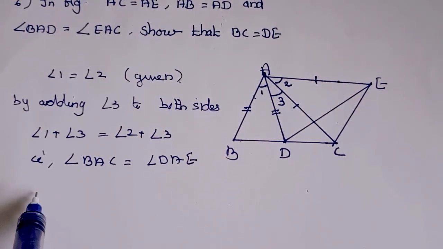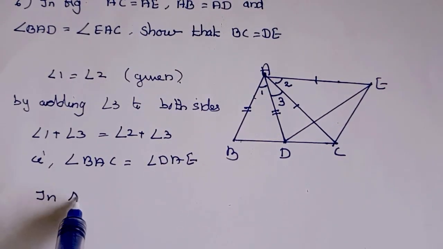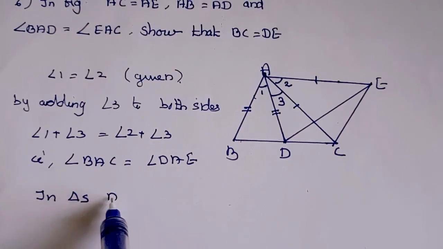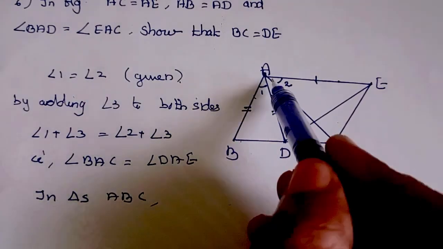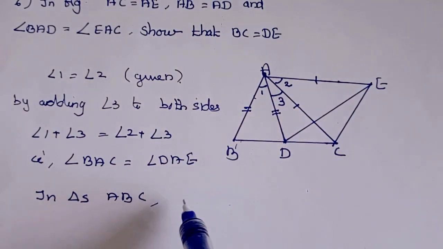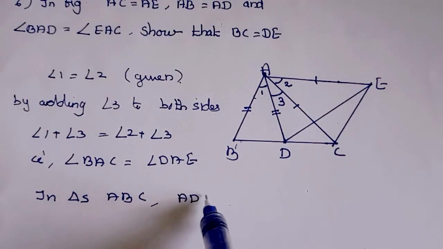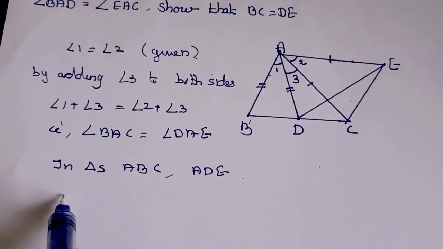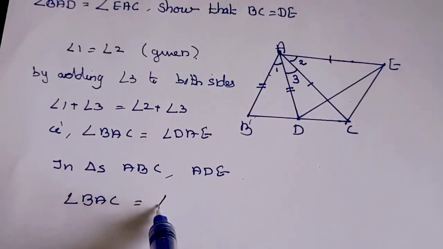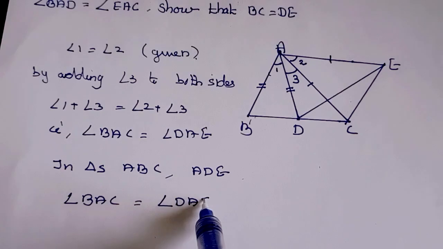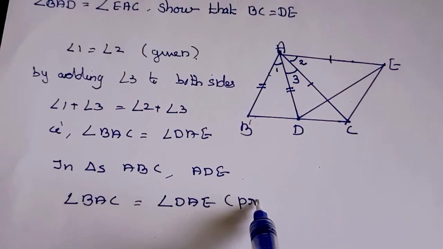Now, in triangles ABC and ADE, we proved that angle BAC of the first triangle equals angle DAE of the second triangle, reason proved.